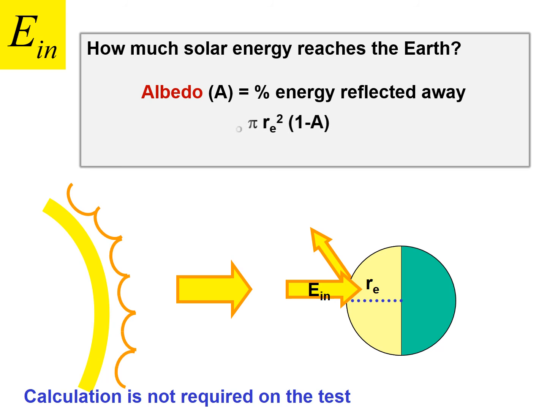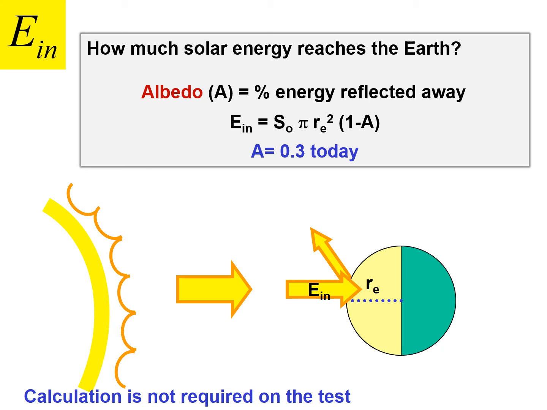There's albedo. We have to subtract the reflected part. What is the average albedo of the Earth? 0.3. So now this formula is right for the total energy received from solar radiation. Okay, we are done with E in.